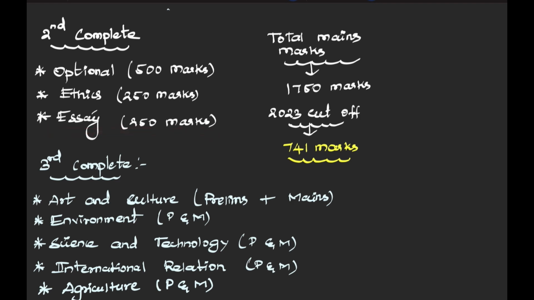Only concern is that you should focus on your writing skill here. That is why I'm telling you, be completely done with optional, ethics and essay. These 1000 marks will decide whether you clear the examination. Even if you clear, it will decide whether you get a good posting which you are expecting or not, right?